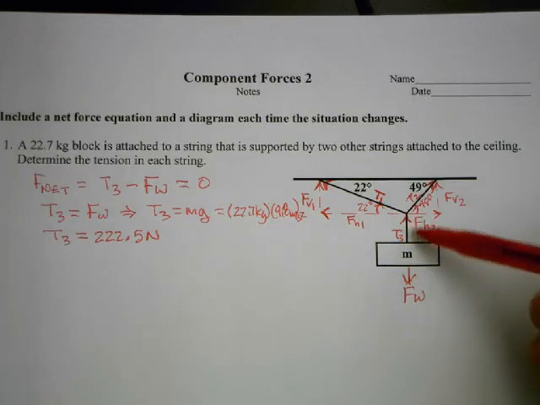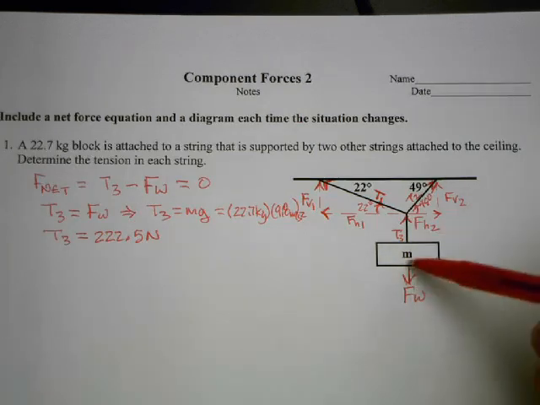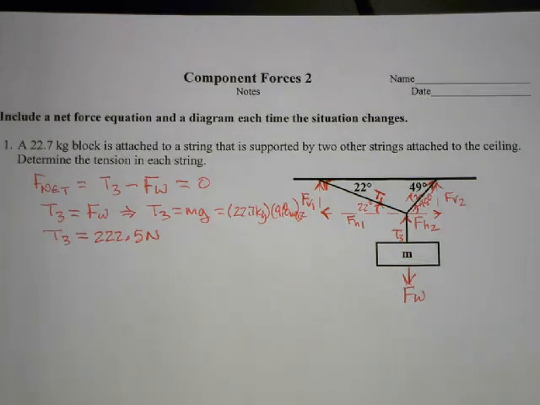And again, we're just focused on this one's pulling up, that's pulling down. So for the block itself, which isn't moving, it's got two forces applied to it. The tension in T3 upward has to equal the weight downward, and that's 222.5 newtons.